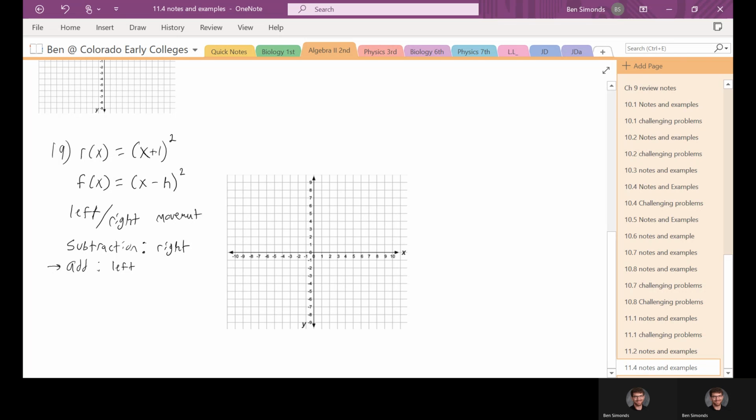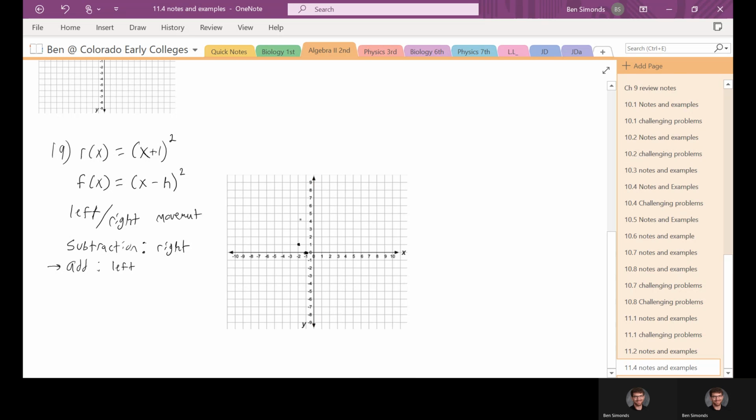So our basic graph starts at 0, 0. We're going to move that to the left 1 to get us to negative 1, 0. We've moved it to the left. Same thing, we usually have negative 1, 1. We're going to move that to the left. We usually have negative 2 squared is 4, and we're going to move that to the left.